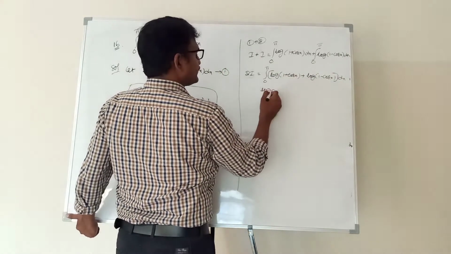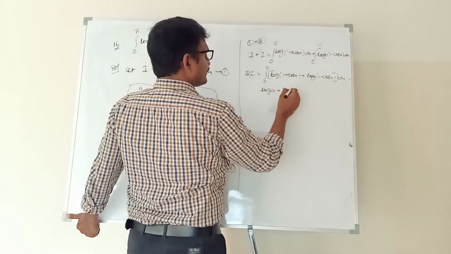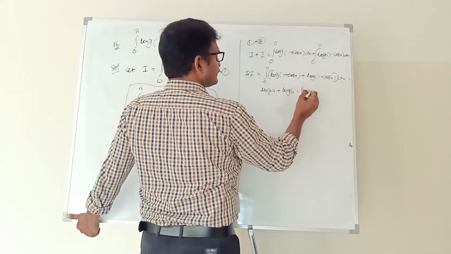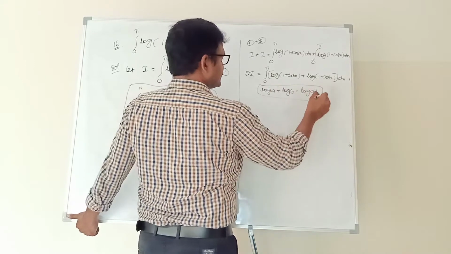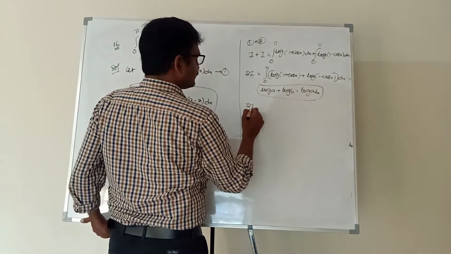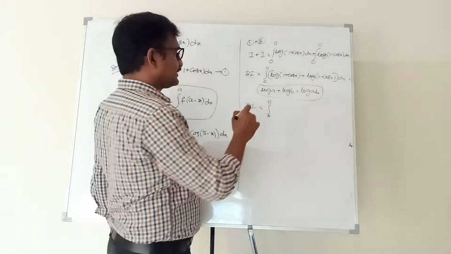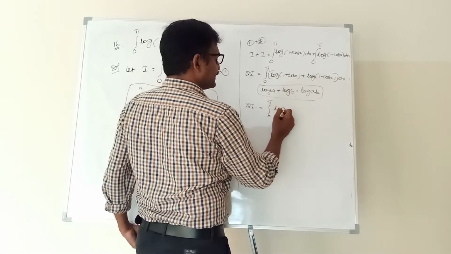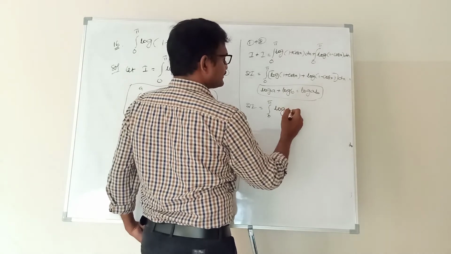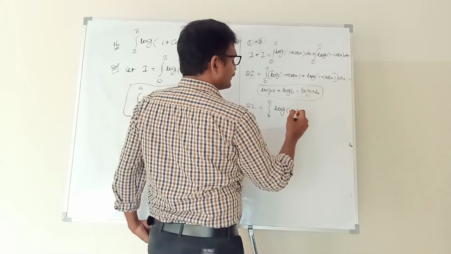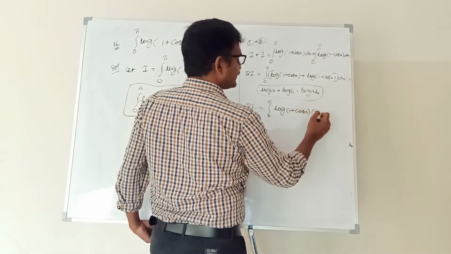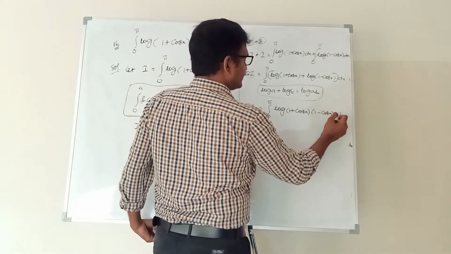We know that log a plus log b is equal to log ab. So according to this property, 2I is equal to the integral from 0 to pi of log of ab, where ab means 1 plus cos x into 1 minus cos x, dx.